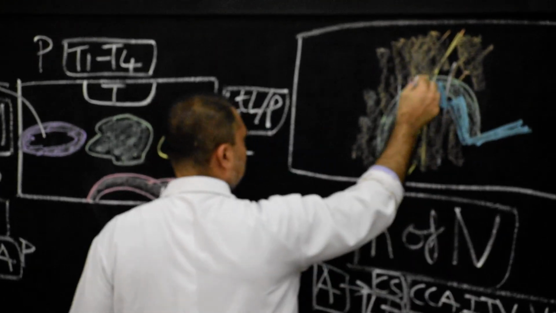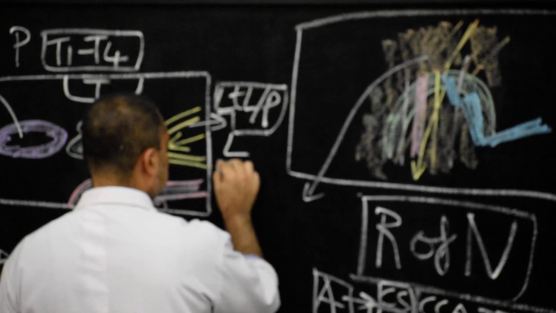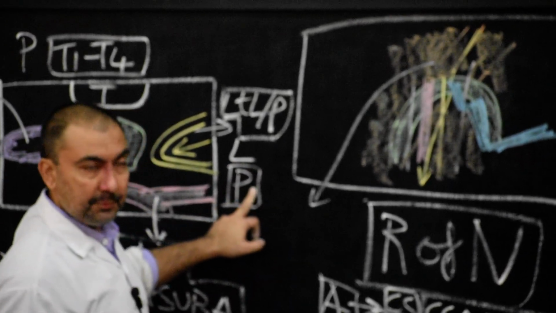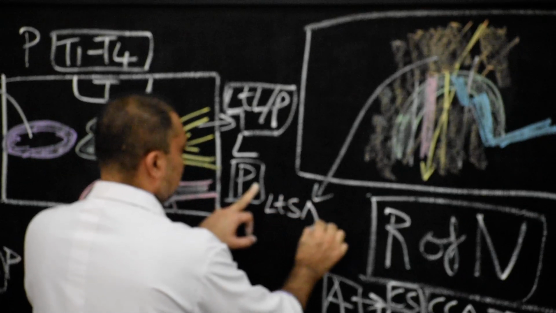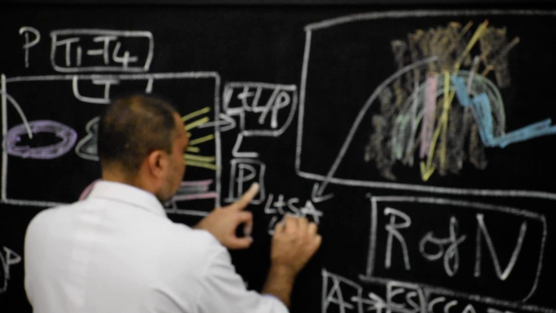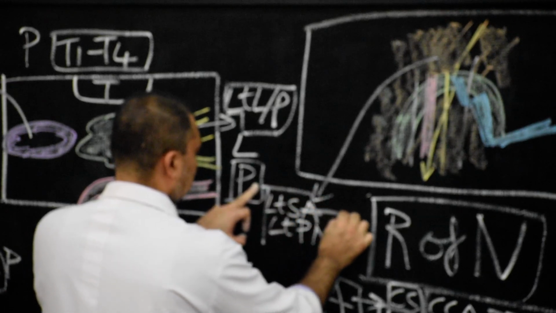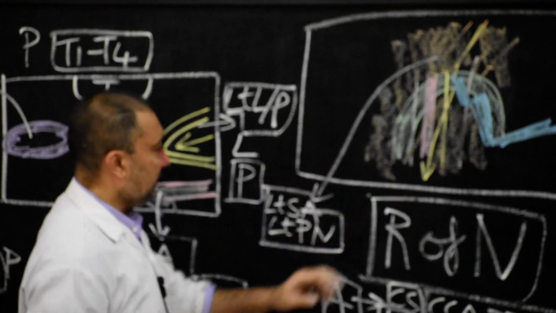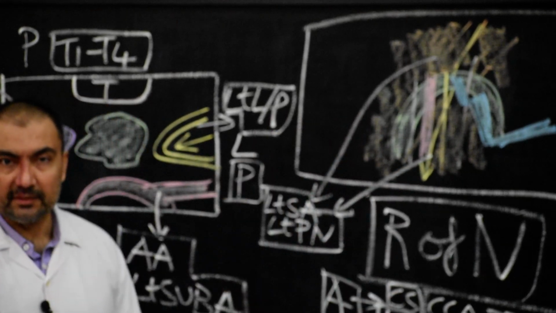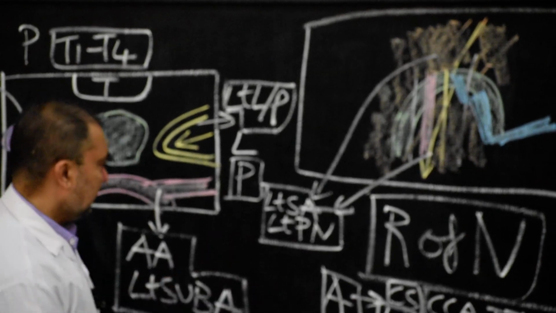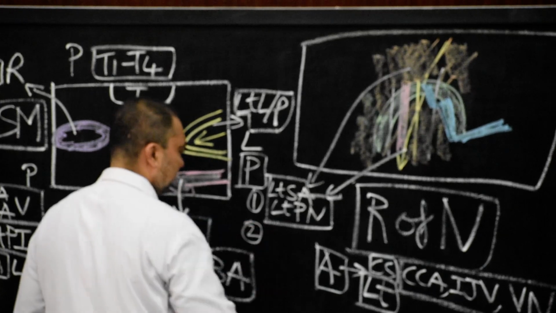Here we mention these as posterior relations: the left scalenus anterior muscle and the left phrenic nerve. This is the first segment posteriorly. Now the second segment posteriorly.